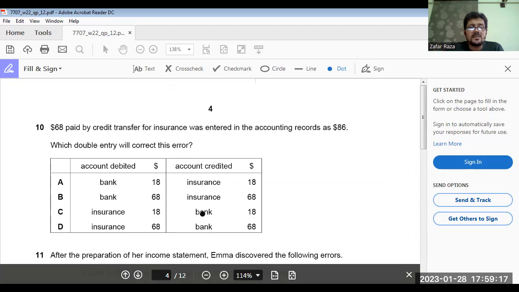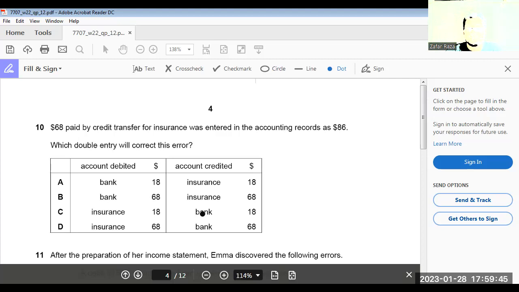$68 paid by credit transfer for insurance was entered in the accounting records as 86. Which entry will correct this? This is a transposition error, but the transposition error has occurred on both the sides. In accounting records this error has been entered on both the sides. Suppose transposition was done on only one side of the insurance account, then it is an error affecting the trial balance.